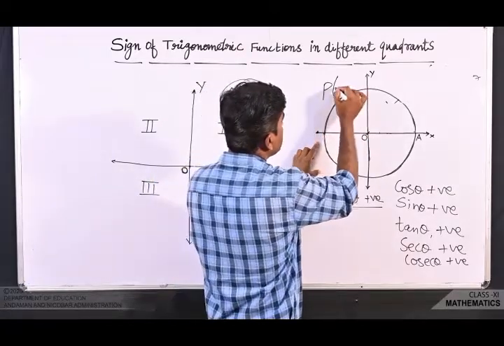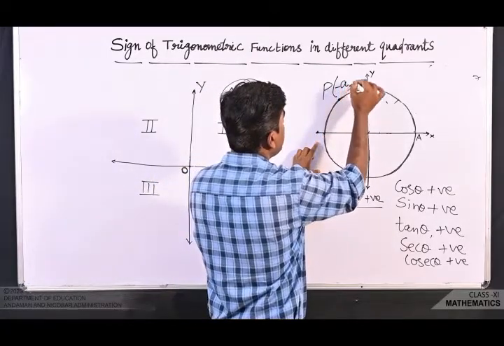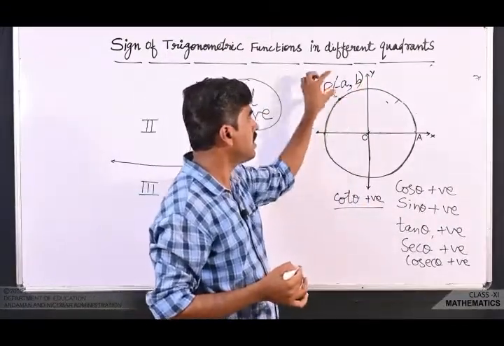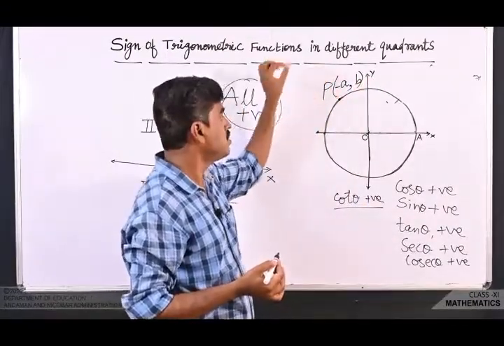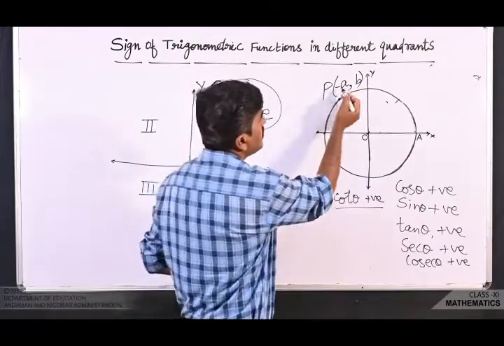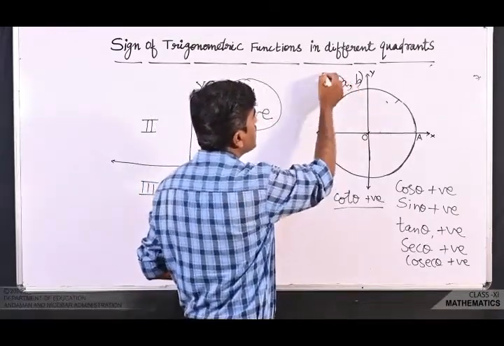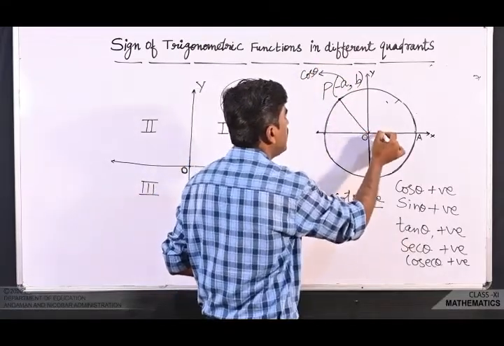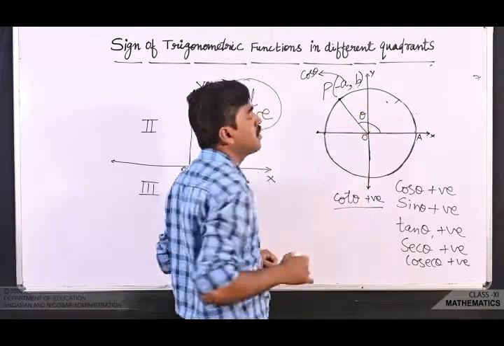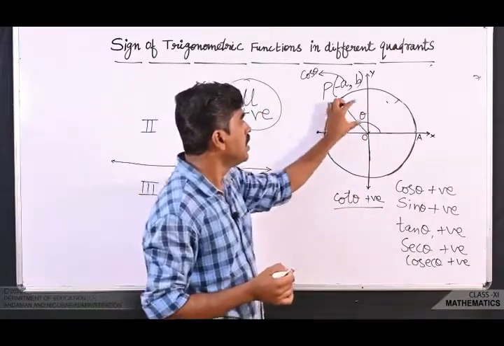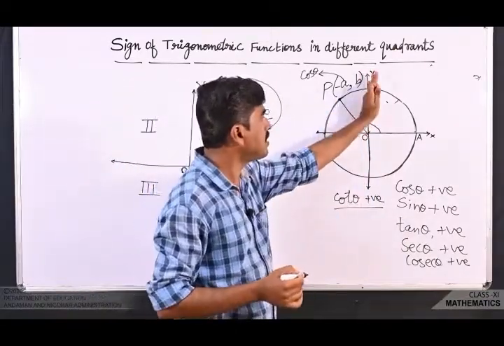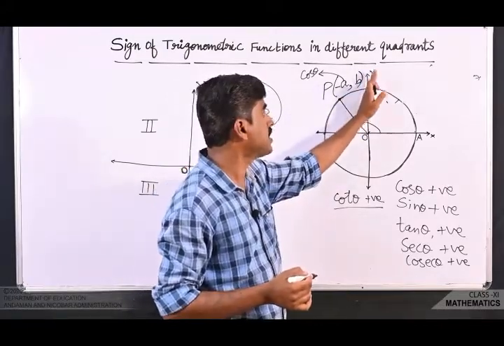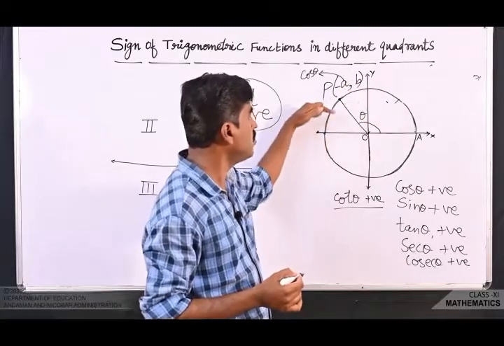So we will take the coordinates as minus A, B. The y-coordinate is B and the x-coordinate is minus A. This x-coordinate can be represented as cos theta. This is the angle theta. Here theta is greater than pi by 2 and less than pi, that is, greater than 90 degrees and less than 180 degrees.